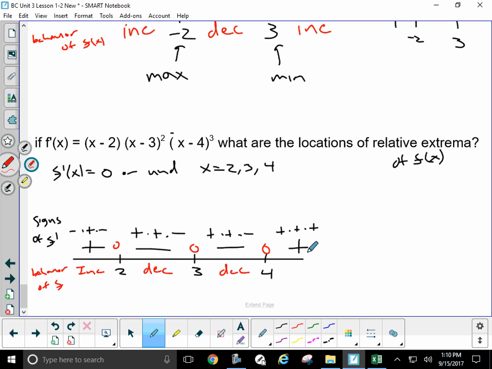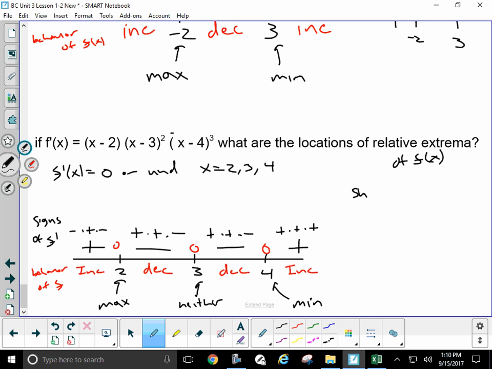That is telling me that f is going to increase, then decrease, then flatten out, then decrease some more, then increase. Which means 2 has got to be the location of a max. 4 has got to be the location of a min. And 3 is neither a max nor a min.